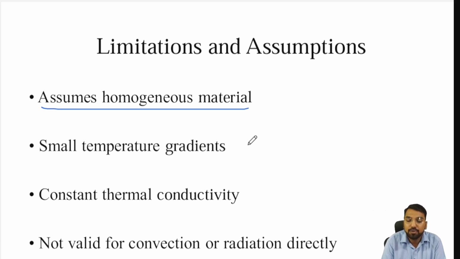And why do we assume a homogeneous material here? Because in a non-homogeneous material, let's say a composite material, the thermal conductivity, which is a material property, will change with distance.